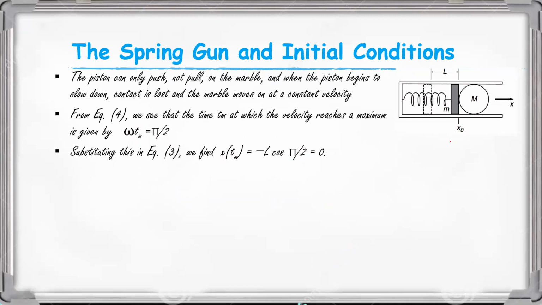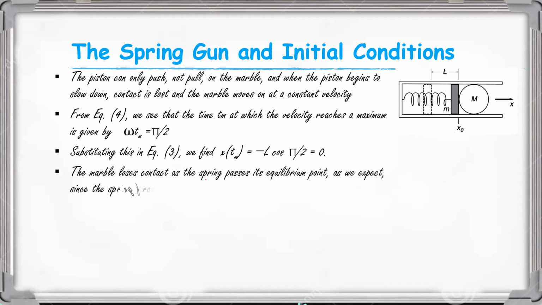The marble loses contact as the spring passes its equilibrium point, as we expect, since the force retards the piston for x greater than 0.